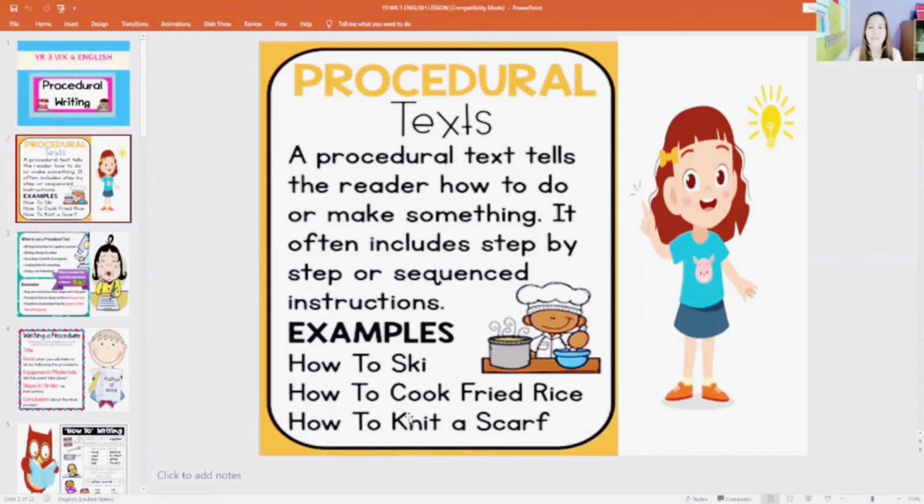But that's only for an example. This is only to make you realize that procedural text is for you to give procedures or step-by-step sentences that will lead people to learn how to ski, how to cook fried rice, or how to knit a scarf.